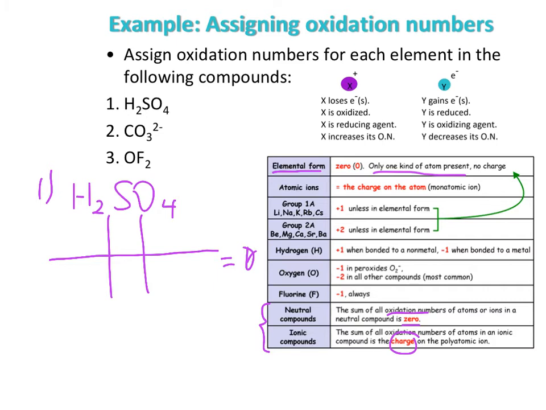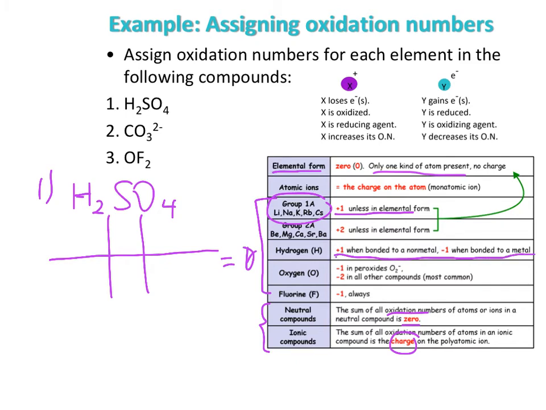After you figure out the easy stuff, those major rules, you go through each element specifically. So group 1A, +1 unless in elemental form. We have one of those here. We have hydrogen, and it has its own specific rule, but it usually applies to that as well.